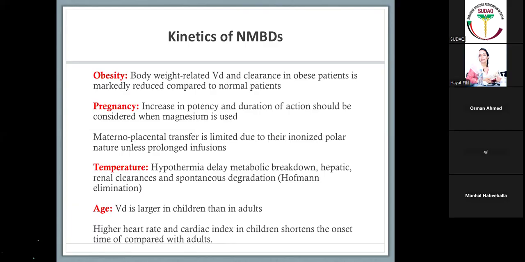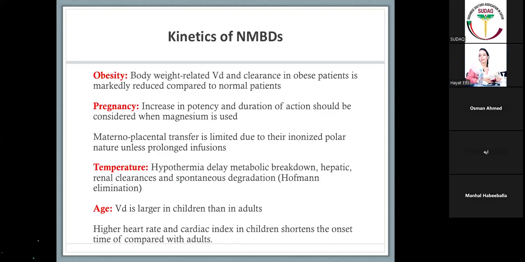Materno-placental transfer is very limited because those drugs are polar and positively charged. So the transfer will be very limited unless the patient has a prolonged infusion of those muscle relaxants, which will affect the kinetics in terms of elimination and so forth.